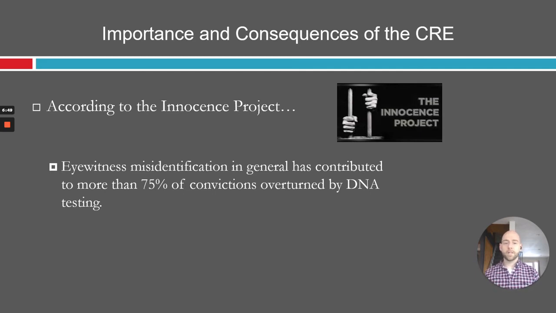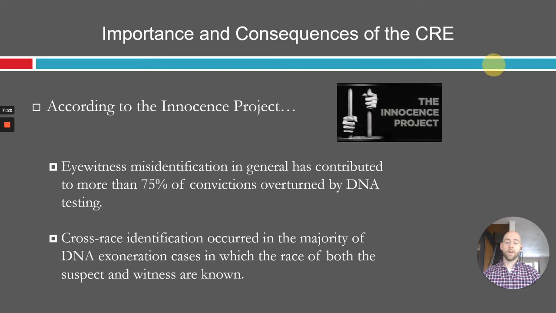And the Innocence Project estimates that eyewitness misidentification, so making a mistake in saying that somebody committed a crime when they did not, is a problem in 3/4 of convictions that are overturned by DNA testing. So eyewitness misidentification is a really big problem that can lead to real consequences, imprisonment, fines, and in the worst cases, even execution.